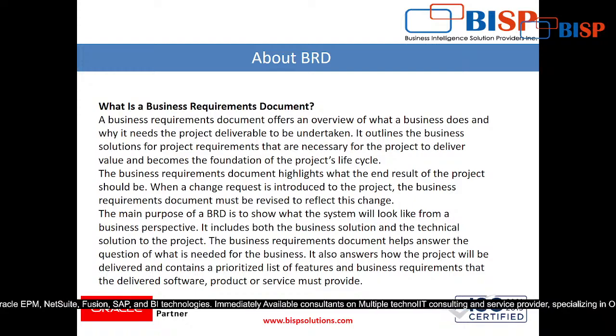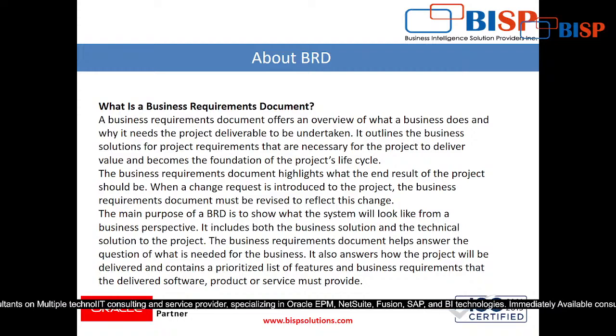So that is called technical documentation, and it also answers how the project will deliver and contains a prioritized list of features and business requirements that the delivered software product or service must provide. In a document, first we will write what they are using and how their business is going on. Then second, we show how a standard process should look.